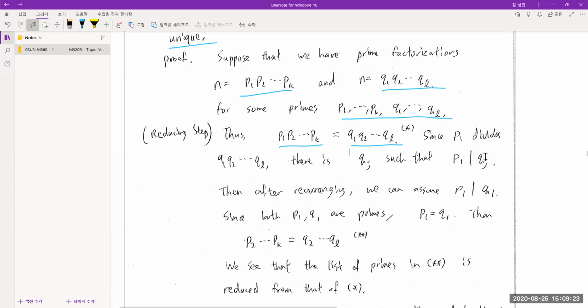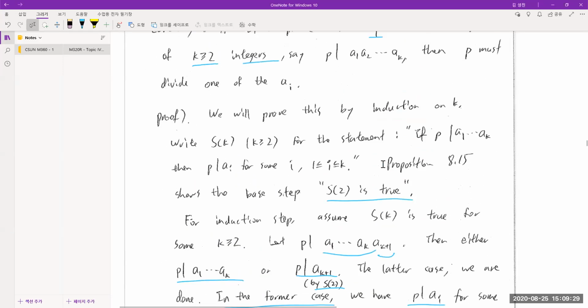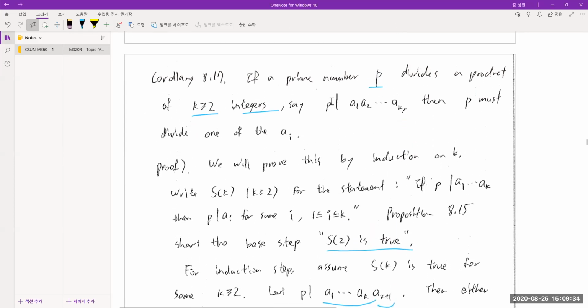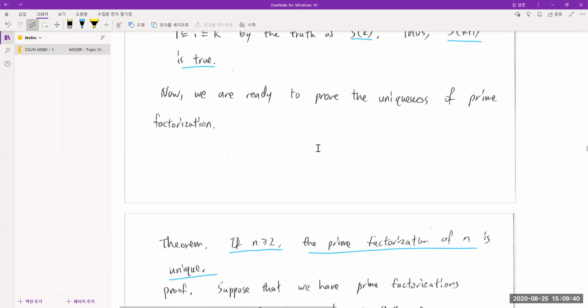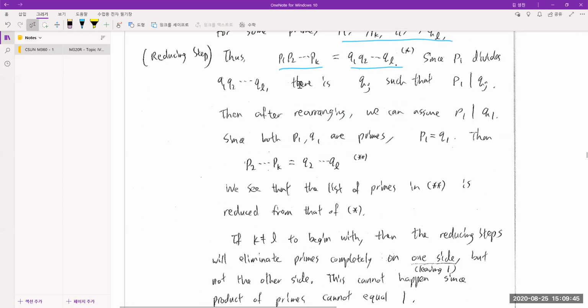So there exists qj such that p1 divides qj. And why is that true? That's because of the previous proposition, Corollary 8.17: if p divides a product of integers, then p must divide at least one of them. But both of them are prime numbers.